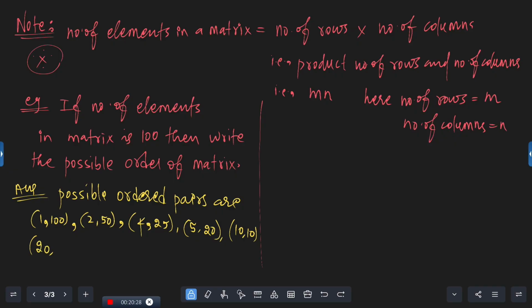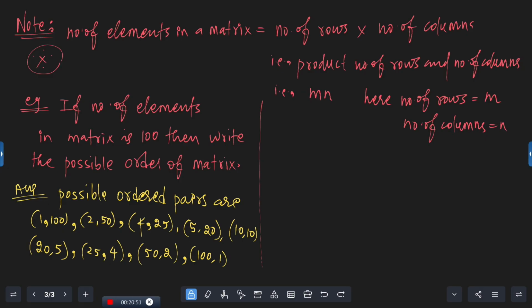Then the other way: 20 into 5 will come. Means hereafter it is the reverse of this. Whatever we wrote, you will get the reverse of this. That also you should write: 20 comma 5. Then what will you get? 25 comma 4. Next, 50 comma 2. Next, 100 comma 1. These are the possible ordered pairs I wrote.